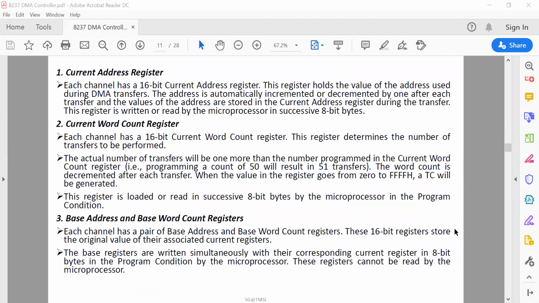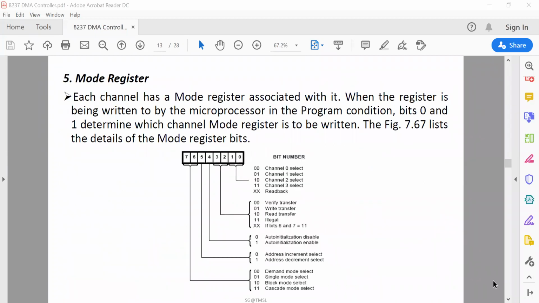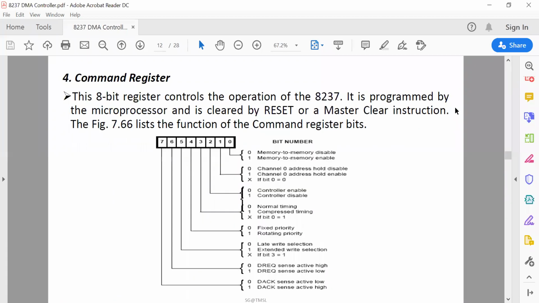Next is the command register. What is this? That is the structure of the command register. Each bit has a specific function. Like if bit D0 of the command register is 0, then memory to memory access is disabled, and if it is 1, then memory to memory access is enabled. Basically, what is the function of this register?